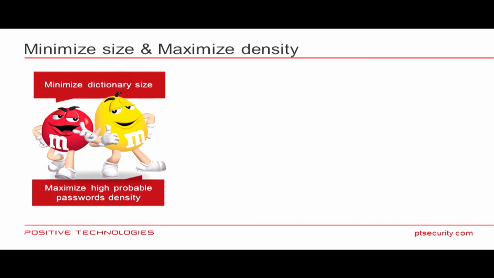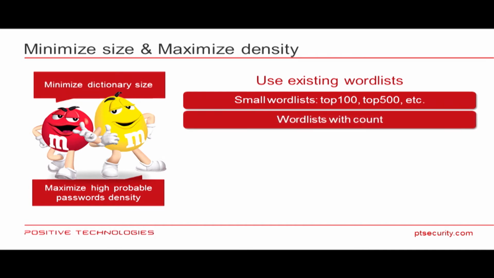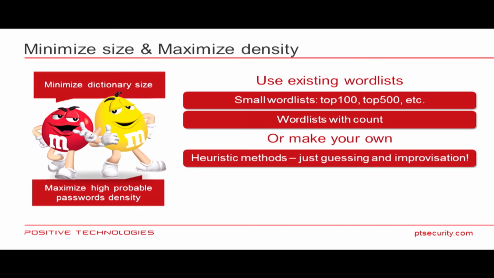How do we reduce the size of a dictionary and increase the probability of hitting the passwords? First of all, use word lists, analyzing how often a password was used in the system. We take the top 100 passwords, for example, or we can make our own dictionary.